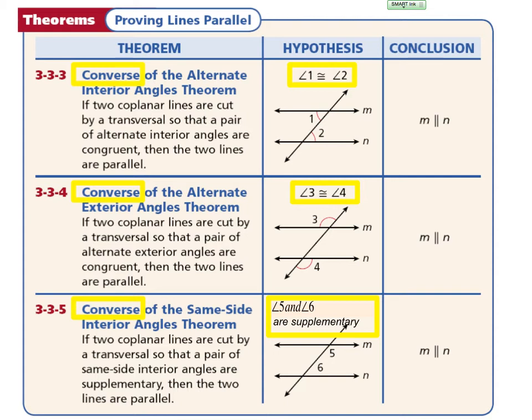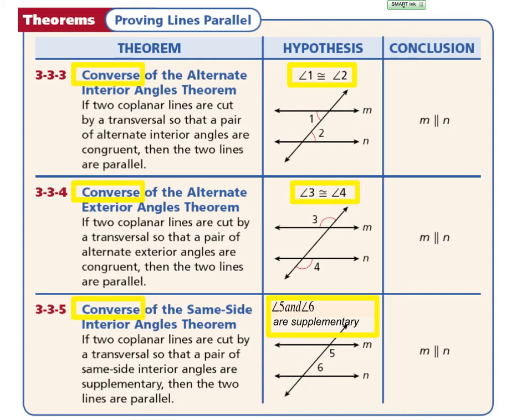Okay, so running down through them, remember they're the reverse order from what we did on Tuesday. So the converse of the alternate interior angle theorem starts with the angles congruent. So it says if two coplanar lines are cut by a transversal so that a pair of alternate interior angles are congruent.